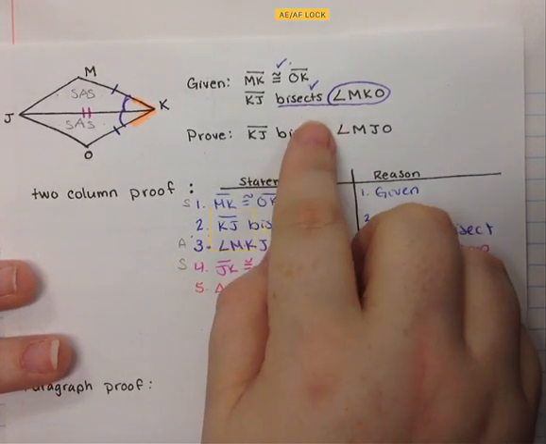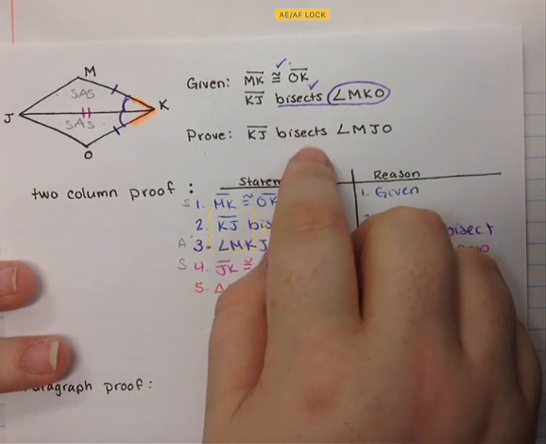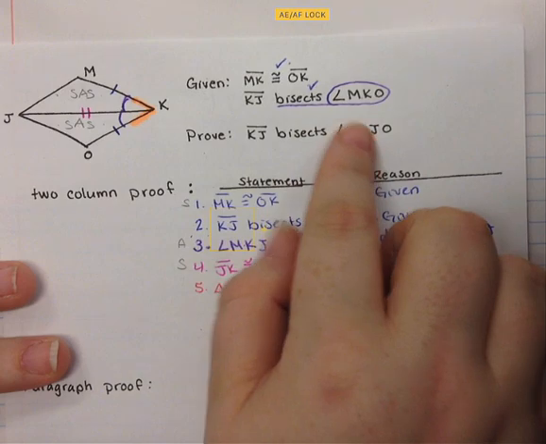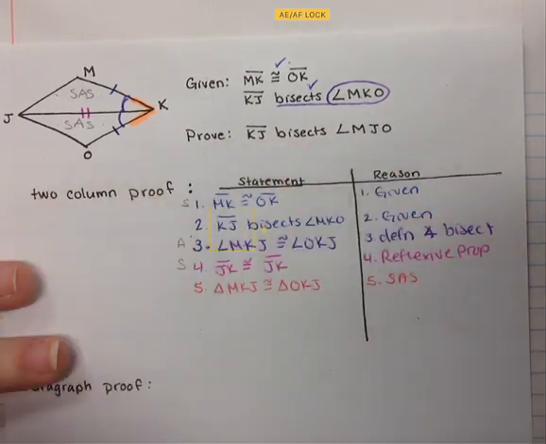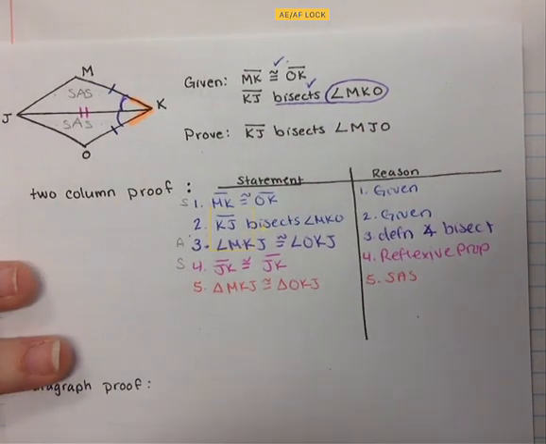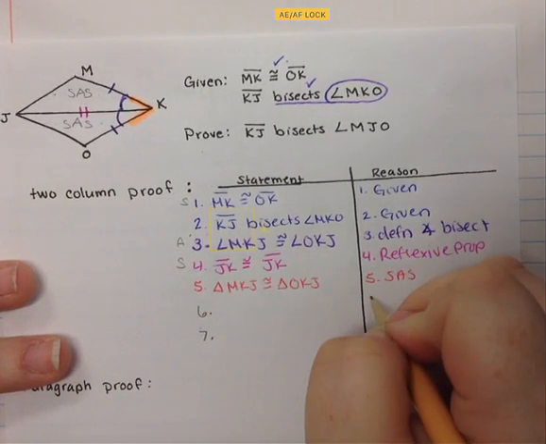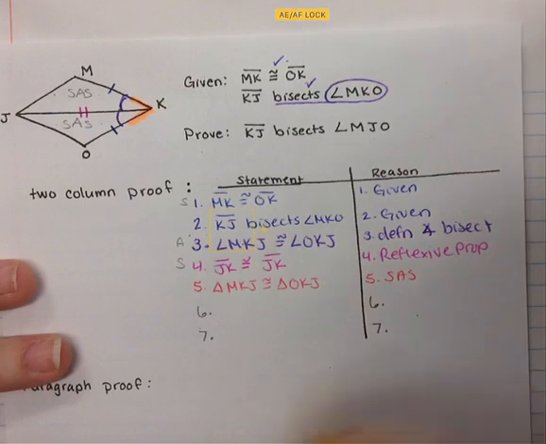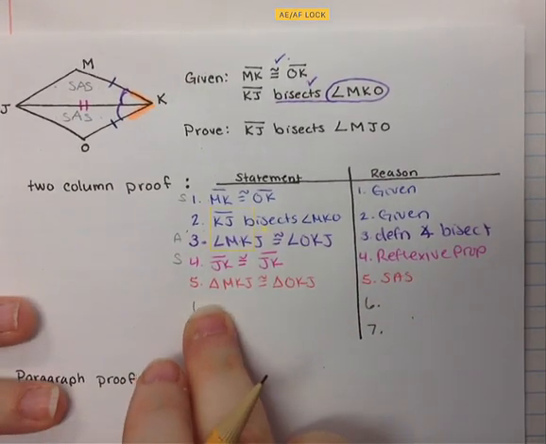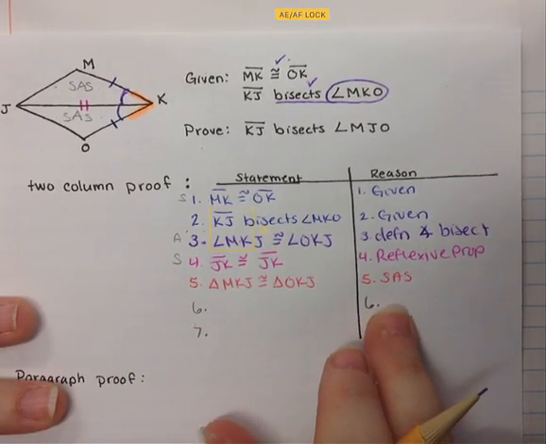What we have to do is prove something with regards to the bisect. So we're going to have 2 extra steps. We're going to have step 6. We're going to have step 7. Step 6, the reason will be CPCTC.